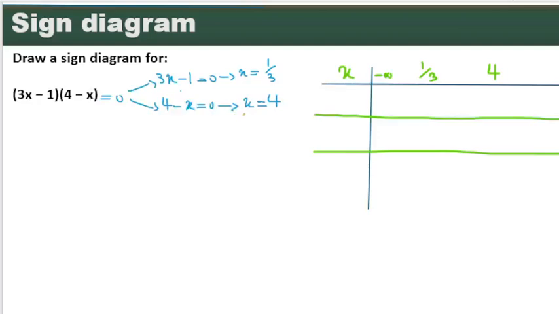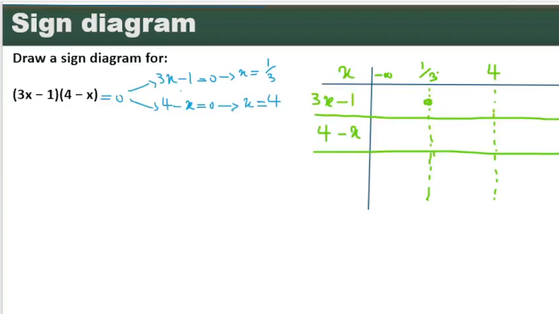Okay, I will write my expression here. The first parenthesis is 3x minus 1. The second one is 4 minus x. Now I put a dashed line here and come down for my critical points that make this expression 0. 1/3 makes the first parenthesis, that means 3x minus 1, 0.